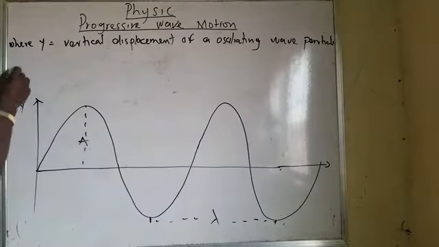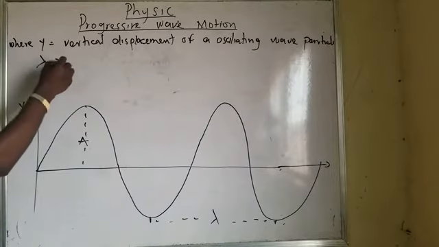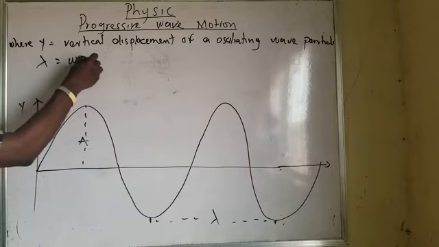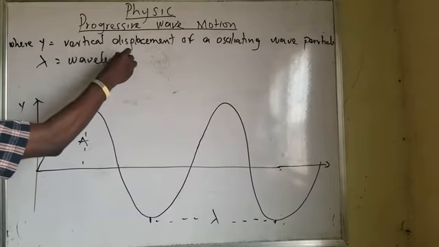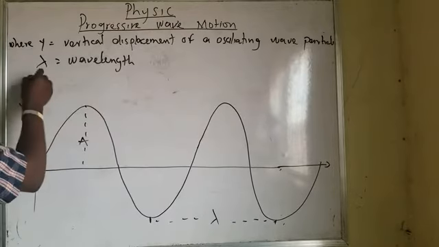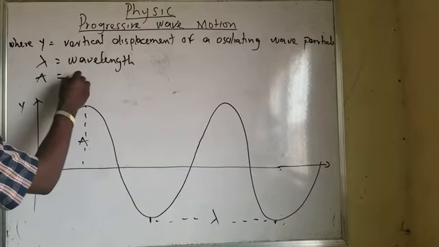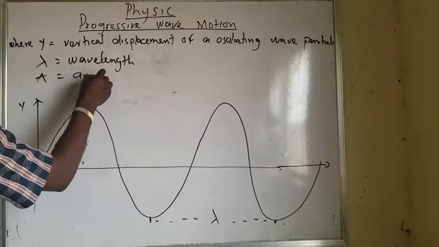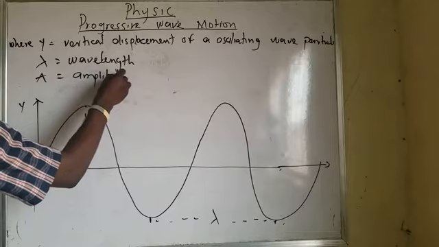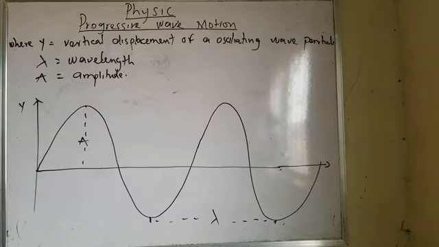And we have lambda as the wavelength, which I explained earlier, and A is called the amplitude. That is what I mean by that.